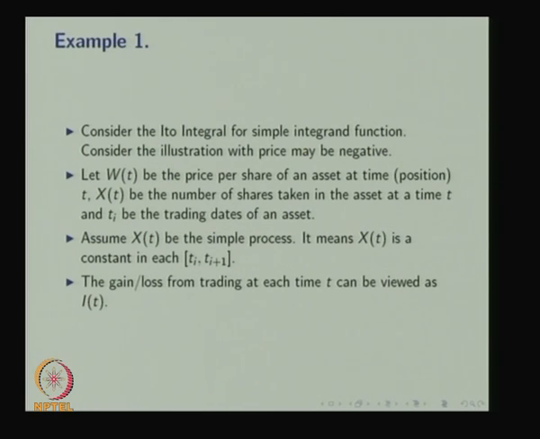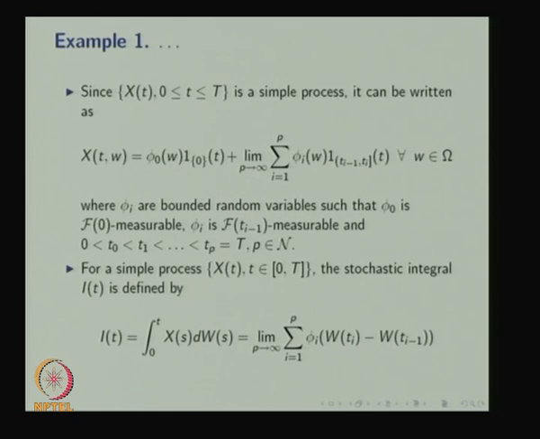So with that assumption, the gain or loss from trading at each time can be viewed as I of t, because I of t is nothing but the integral from 0 to t of X of t dW_t.